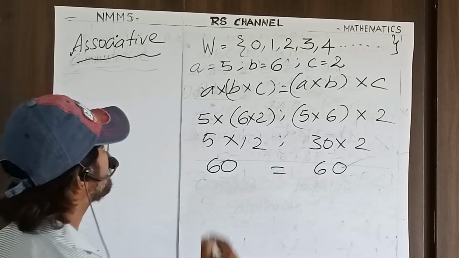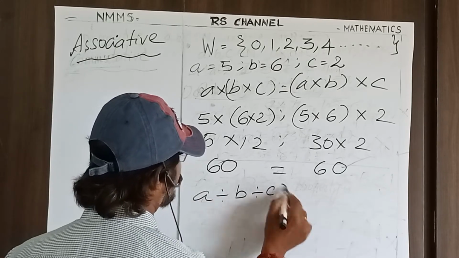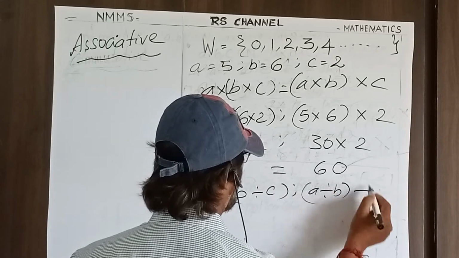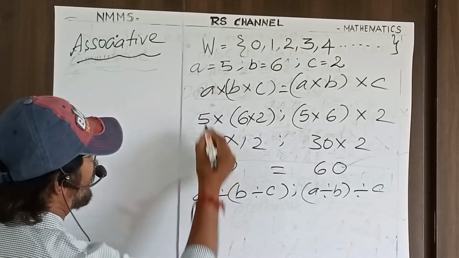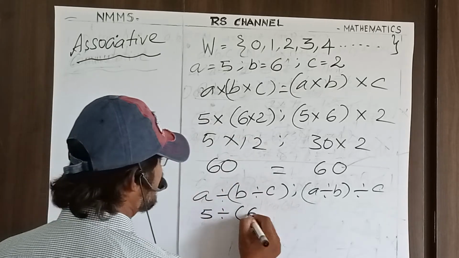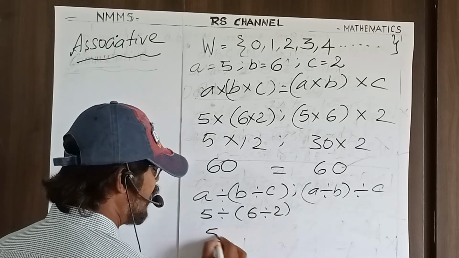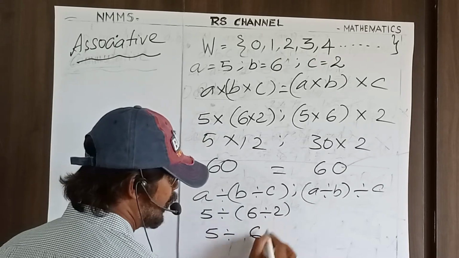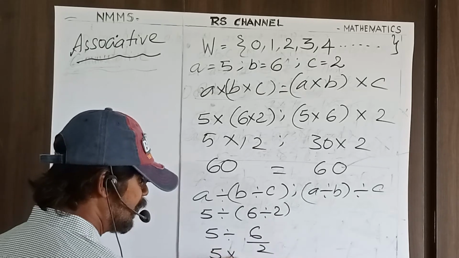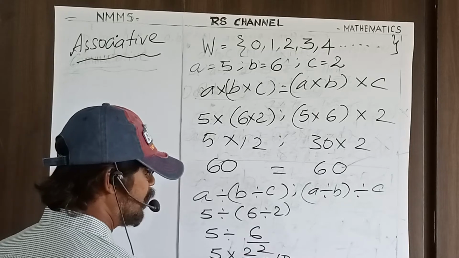It means that division is also not associative. We will check. A divided by B divided by C and A divided by B divided by C. A is 5 divided by 6 divided by 2. This is 5 divided by 6 by 2, now 5 into 2 by 6, that is 10 by 6.